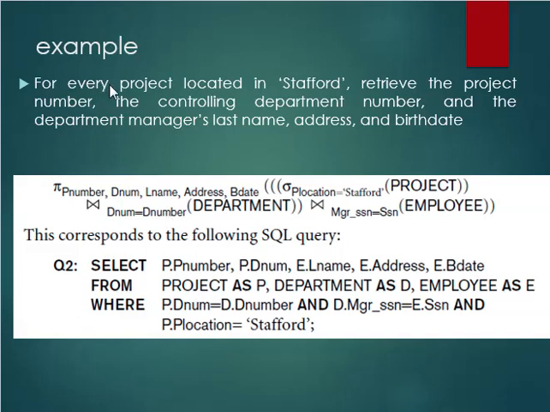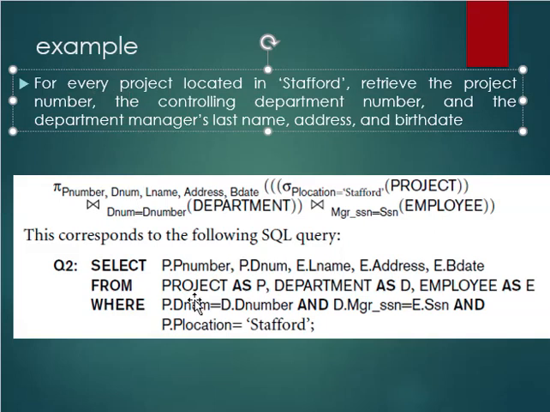So on getting a question for heuristic optimization, you will be given a question like this. First you have to write the SQL query, then convert it into relational algebra. You know how to convert. These are the values that should come in the project operation: project P number, P department number, L name, address and birth date.